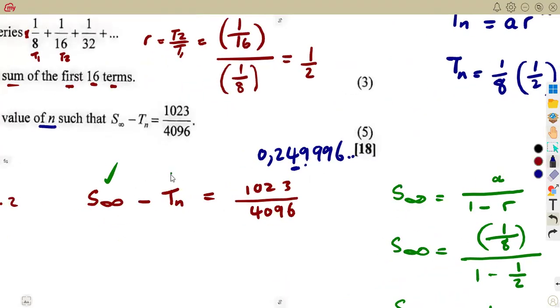So we've got the sum to infinity, and we also have Tn. So we can substitute into this equation. It's a given statement.